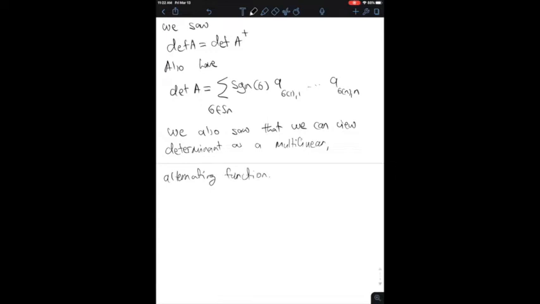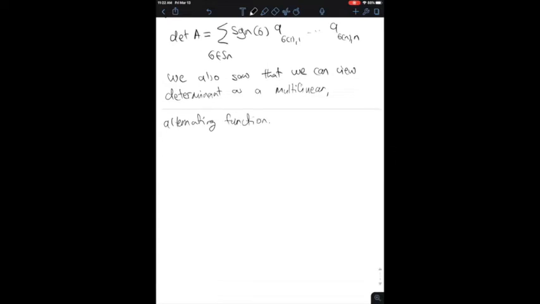To do this, we should define a space of columns. So set E to be the module R to the n, where we represent elements in R to the n by column vectors.